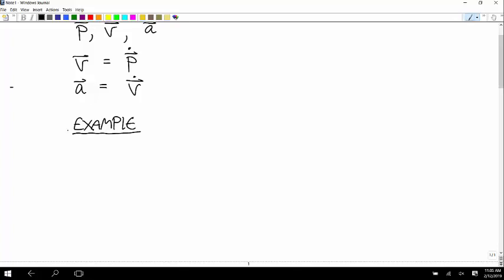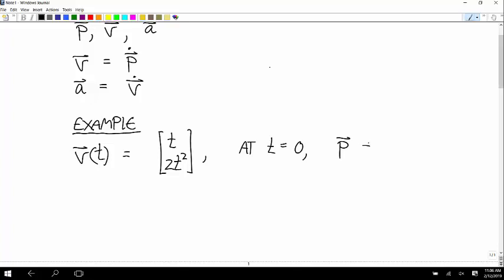Let's say that we know the velocity vector as a function of time is equal to (t, 2t squared), and when time is equal to 0, the position vector is equal to (4, 2).